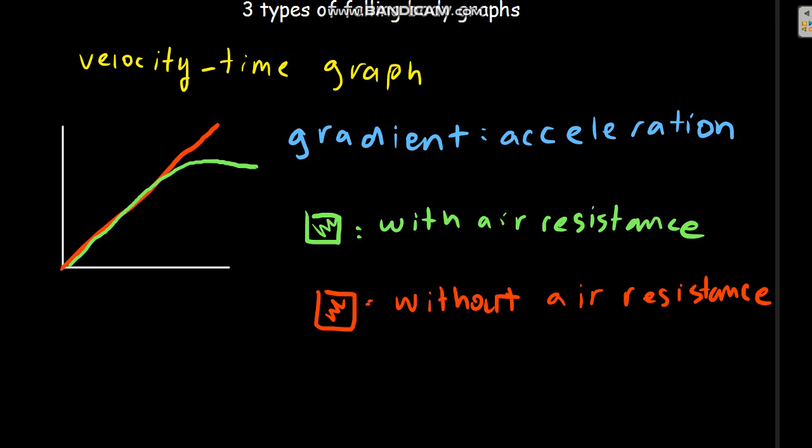Now there are 3 types of falling body graphs that you should be familiar with. One is the velocity time graph, and the gradient represents the acceleration. The velocity time graph without air resistance is going to continue to accelerate constantly, so it's going to be a straight line going up. While with air resistance, which is the green one here, the graph curves as it decelerates and levels off to a terminal velocity.